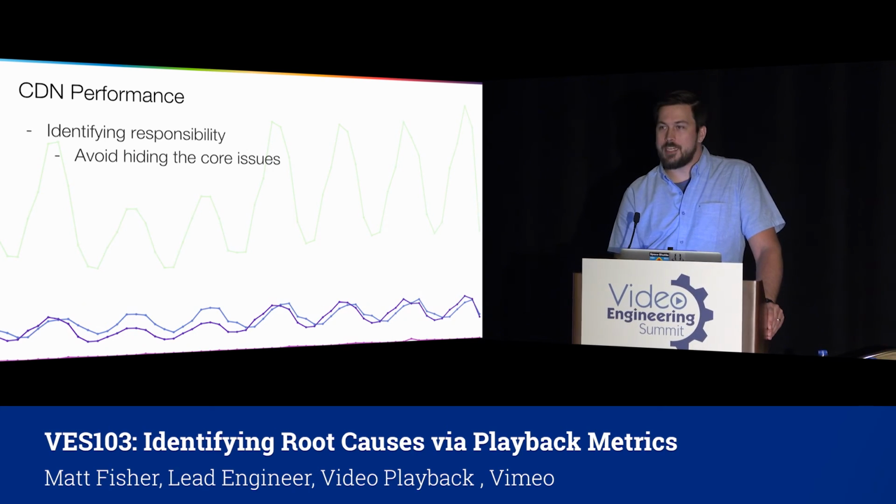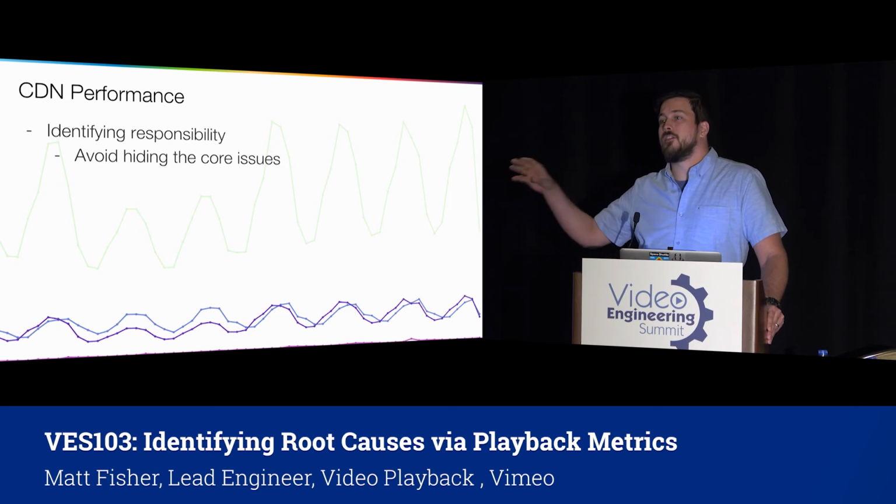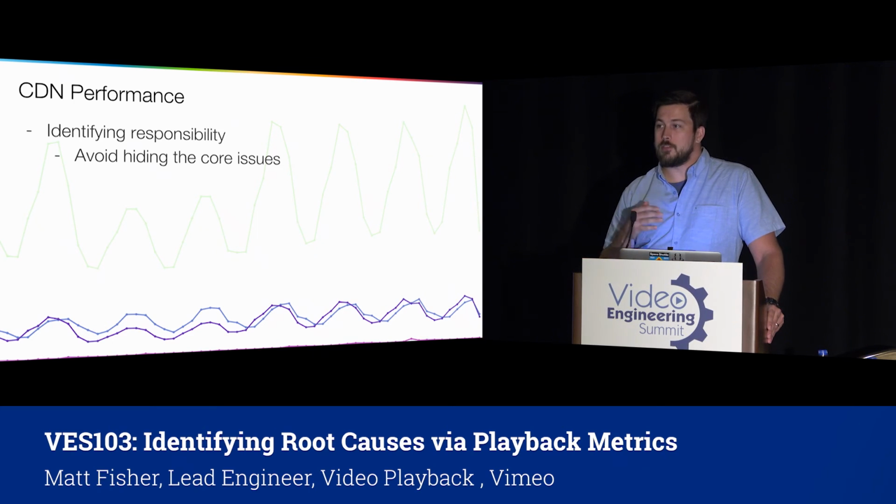So being able to identify responsibility, avoid hiding the core issues, and being able to provide insight. Again, that level of insight I was showing you there was from a scored perspective. As we can see from that score, one CDN is operating differently. So it's really a key indicator to me that I need to focus my insight only on that one CDN.